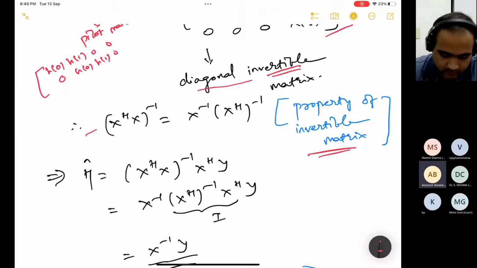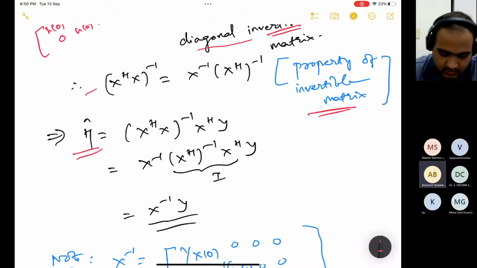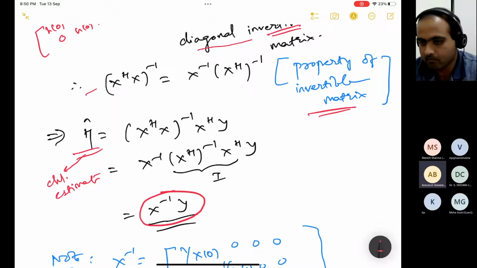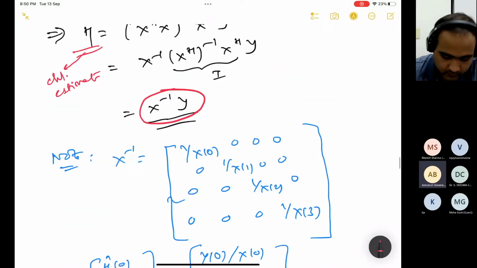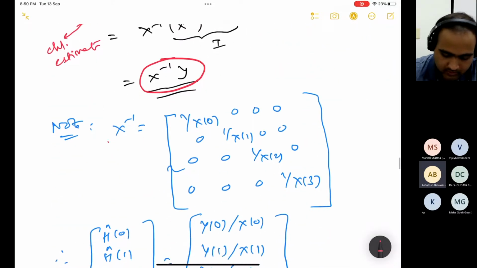So if we use this, we get that h hat, my channel estimate, is x inverse y.